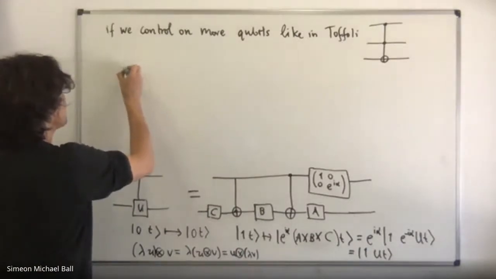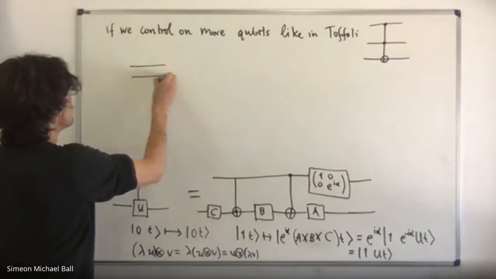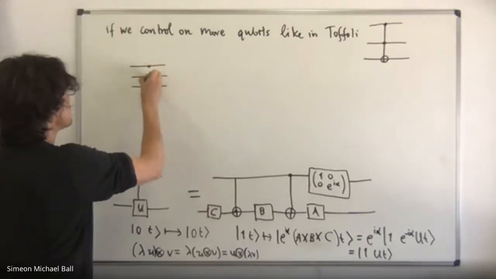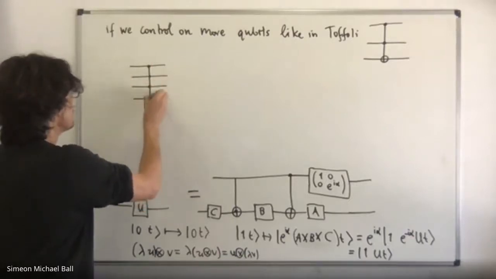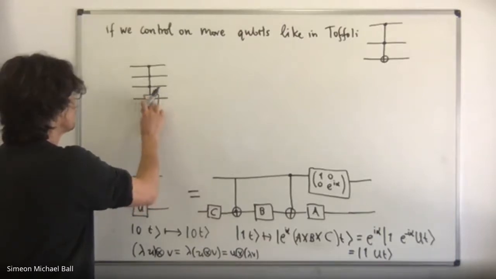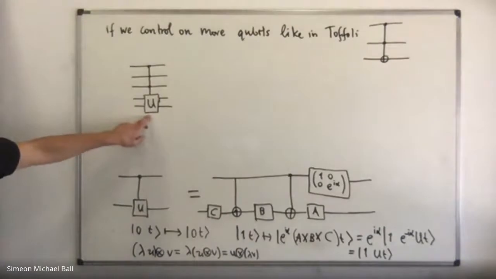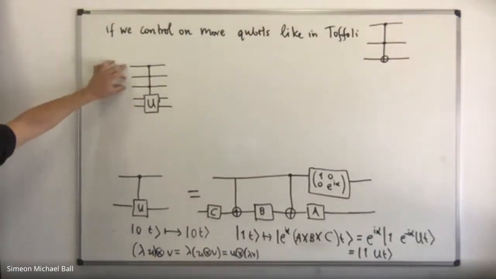So maybe we have 3 control bits, and U acts on these. So this would mean that U is acting on these 2 qubits and is controlled by these 3.